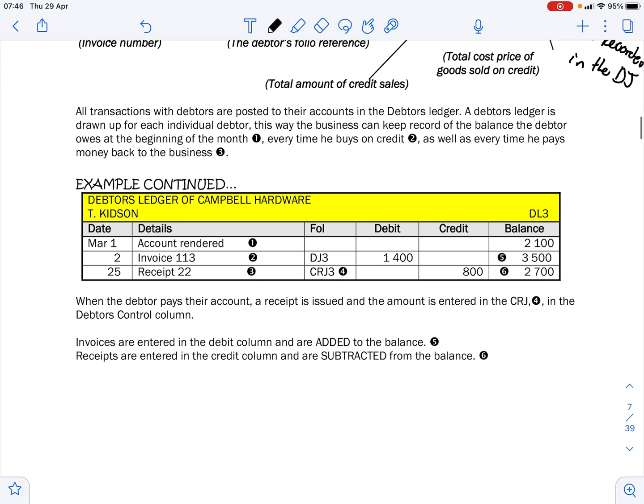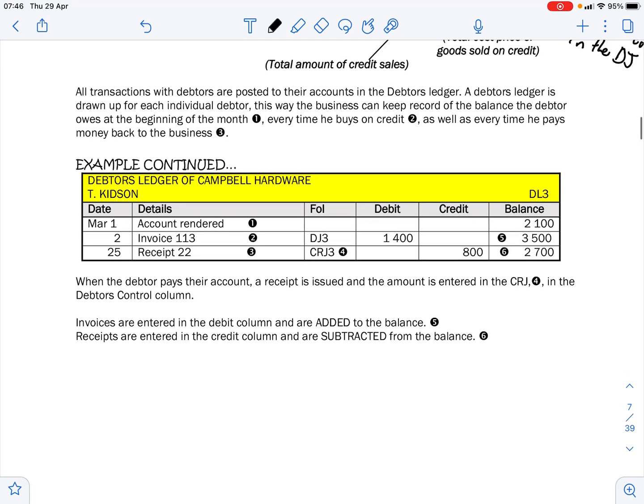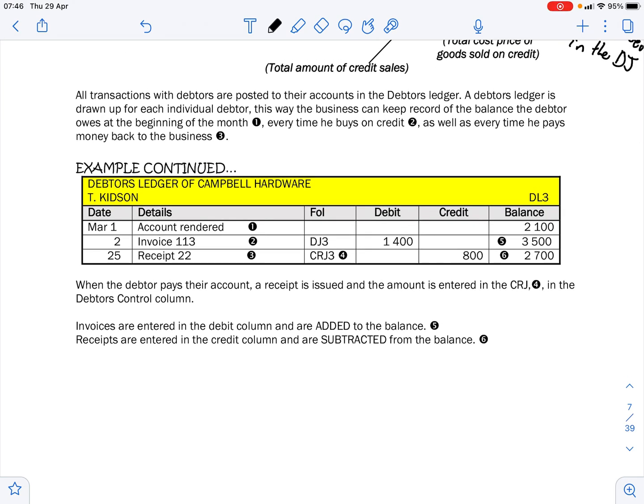We then take a look and we see each individual debtor has what we call their own debtor's ledger. Now, you will see that this is T. Kidson's debtor's ledger.